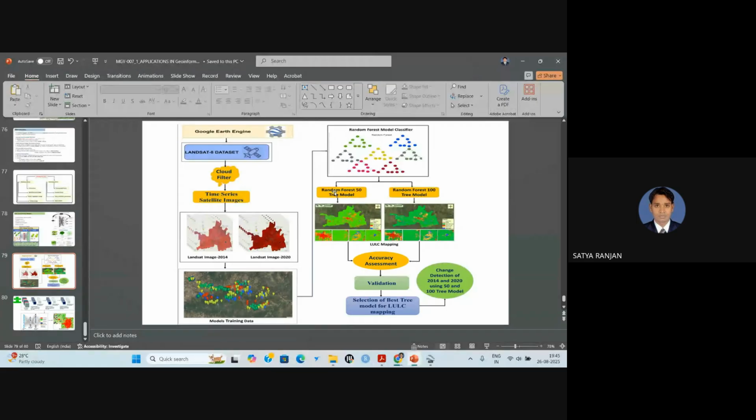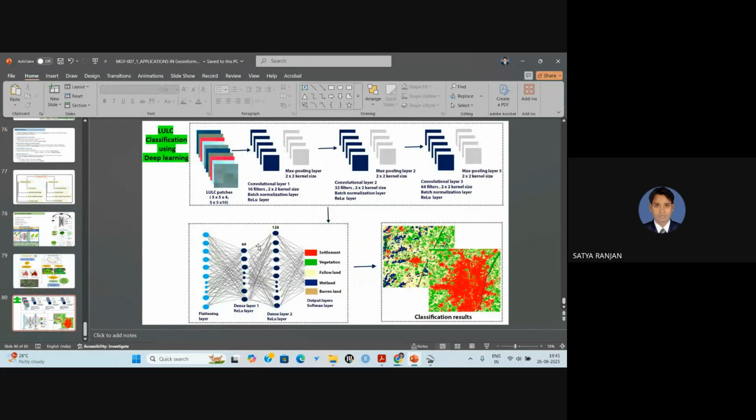This is one example of the random forest model used in Google Earth Engine, having different cloud data and some training data. This is the output of the random forest classification. This is one LULC classification using deep learning, and after the classification, this is the output of the different classes of the urban areas.